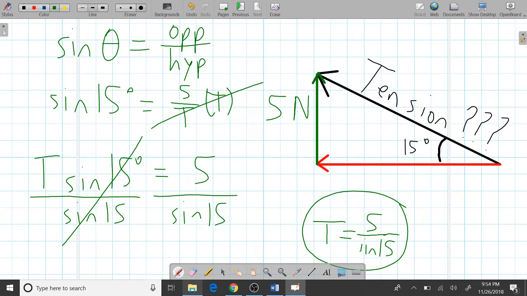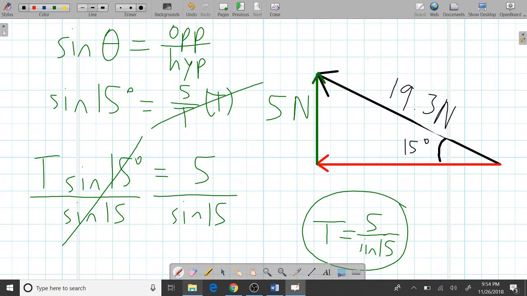If you put 5 divided by sine of 15 degrees into your calculator, you should get a value for this tension force of 19.3 newtons.